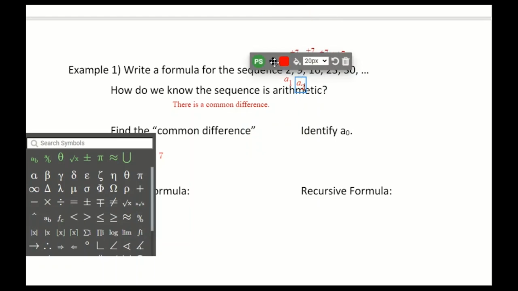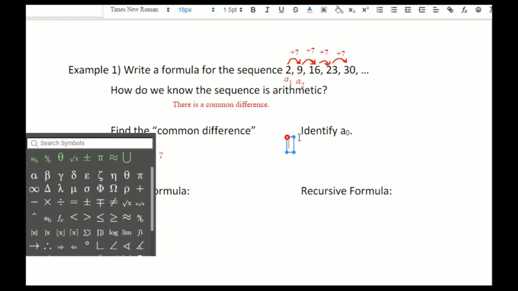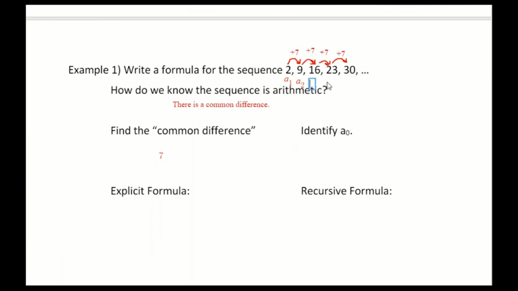A sub 3 is 16. A sub 4 is 23. Y'all bear with me. I know I'm going kind of slow right here, but... And then finally, a sub 5 is 30.